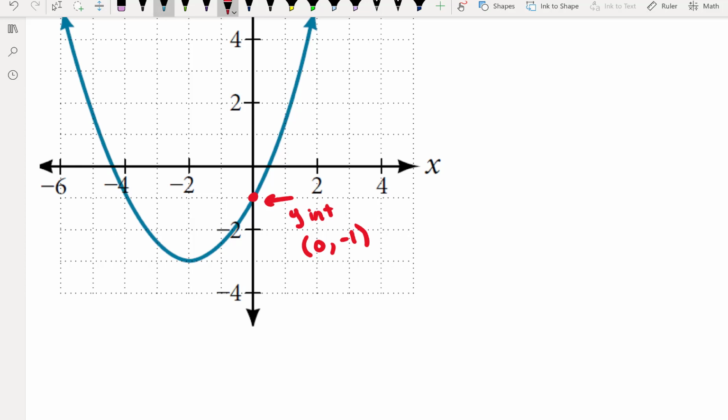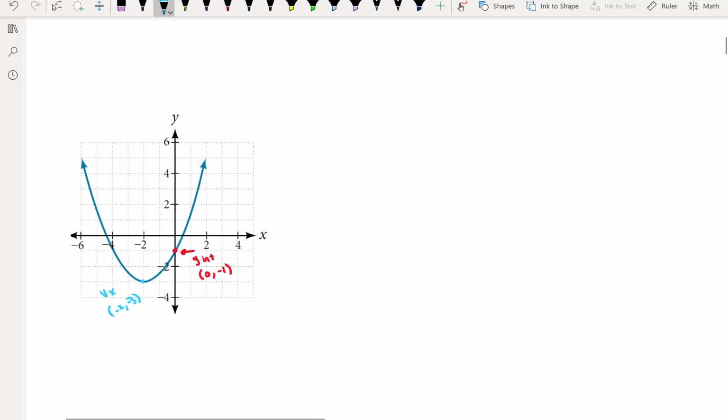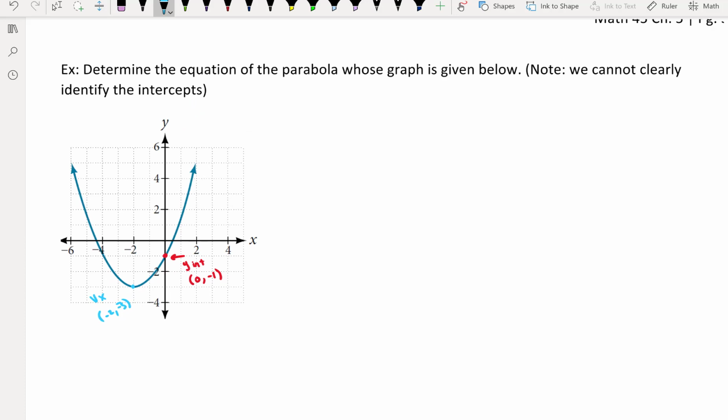I can also tell you the vertex here. So the vertex is (-2, -3). Okay. So now that I've kind of zoomed that in and zoomed it out, now I have the most important information. So now let's think about what they're actually asking us to do.